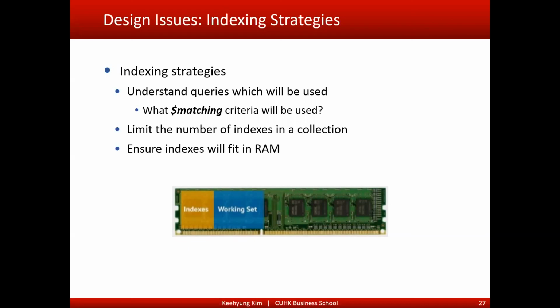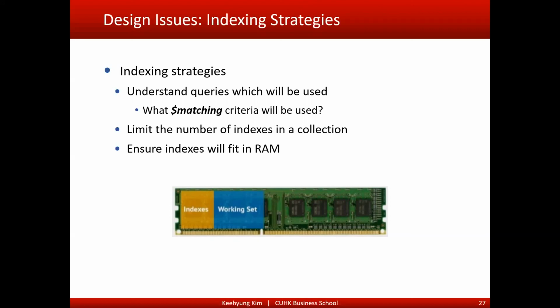So you have to understand which operation will be performed a lot, and try to save time for that. So when you have a MongoDB query, you have to think about what criteria will be used in the matching operator. And based on that, you design the index. Then you'll be able to speed up the performance of your application.